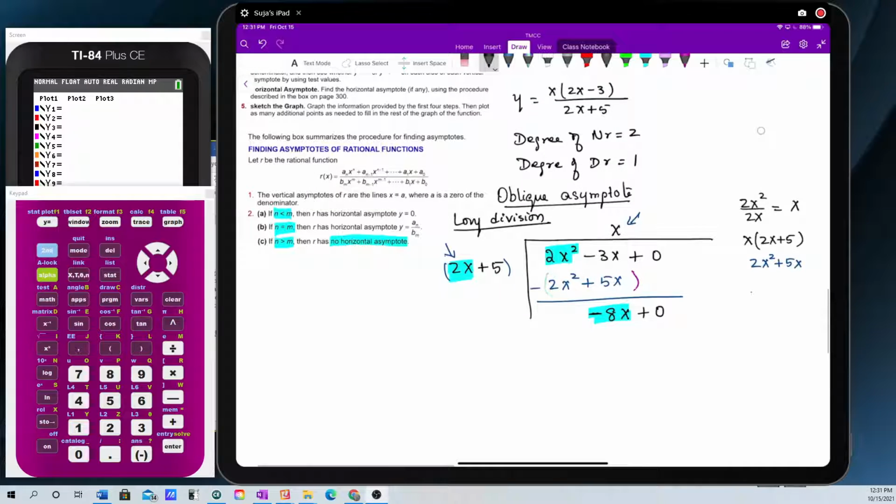I'm taking the negative 8x, divided by positive 2x, getting negative 4. That goes up here. Now this negative 4 needs to be multiplied throughout, so it's negative 4 times 2x plus 5. This would be negative 8x minus 20.